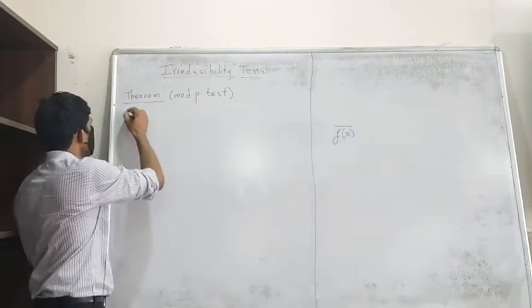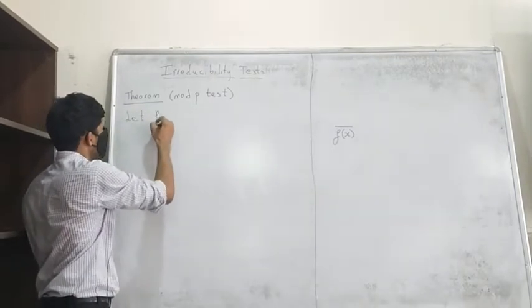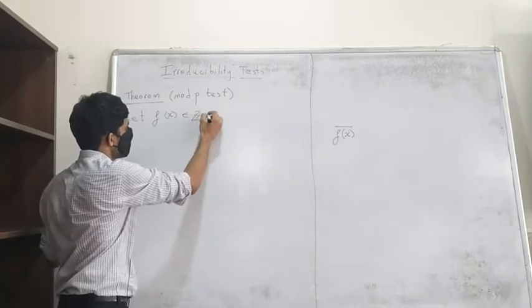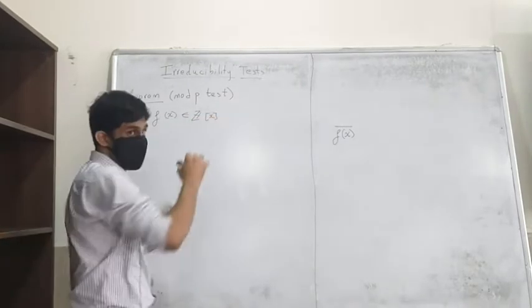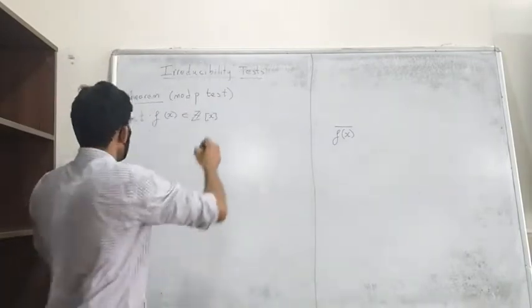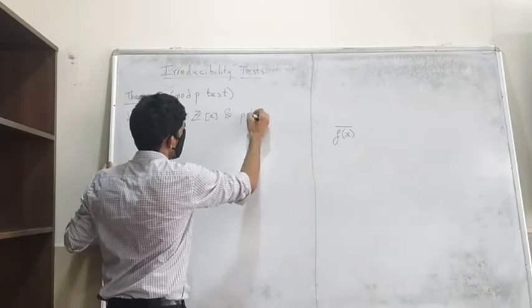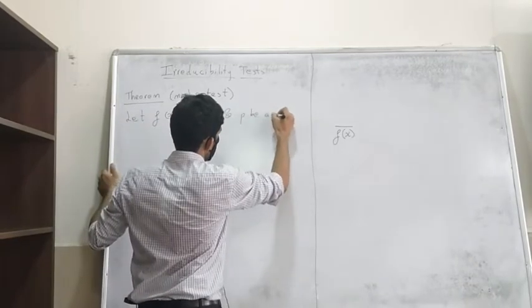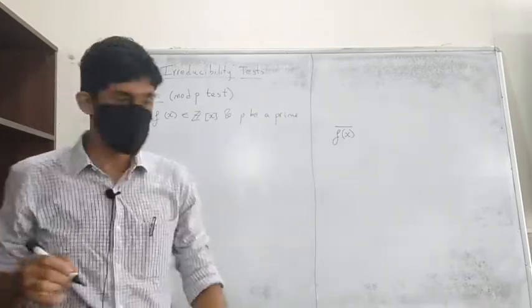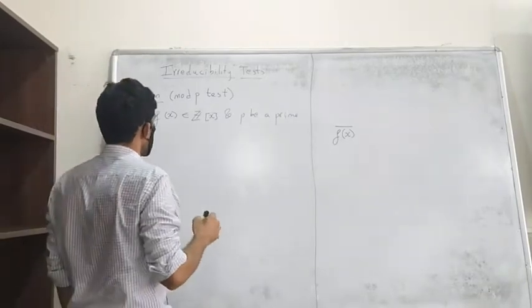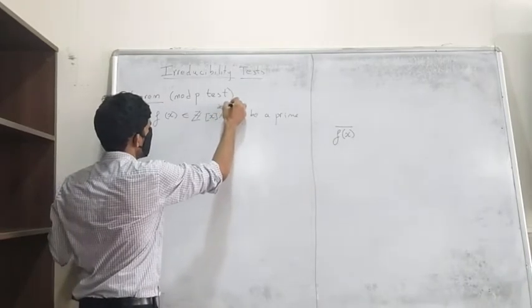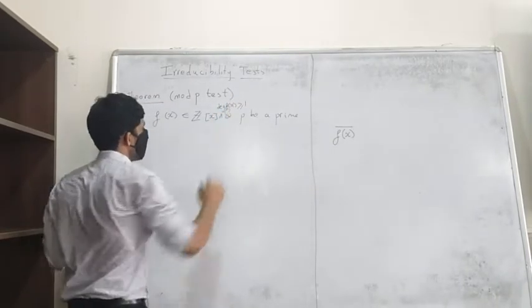Let f(x) be some polynomial over Z, and P be some prime. We'll keep the degree of f(x) to be greater than or equal to 1.